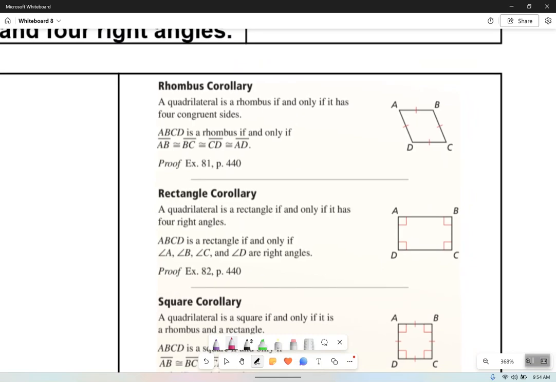A quadrilateral is a rhombus if and only if it has what, kids? You see four congruent sides, you can automatically call this a what then, kids? Rhombus. A rectangle corollary says a quadrilateral is a rectangle if and only if it has what? Four right angles. Are there four right angles here? And we just talked about that in the definition, didn't we?